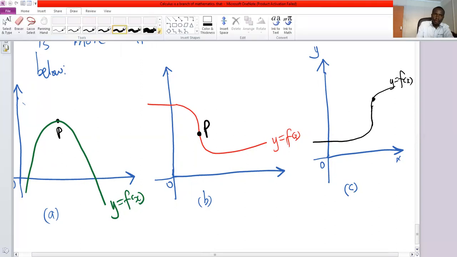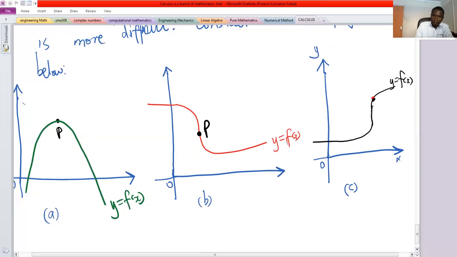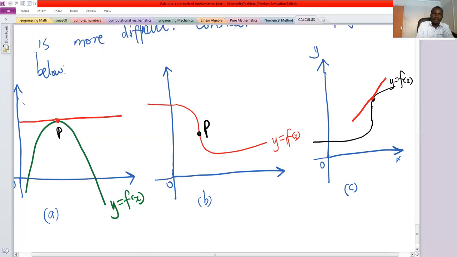So if I draw a line here, and then on this other one, I draw also a line there. And in this other diagram, I have this.